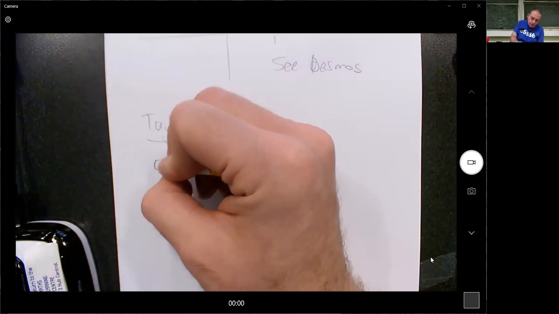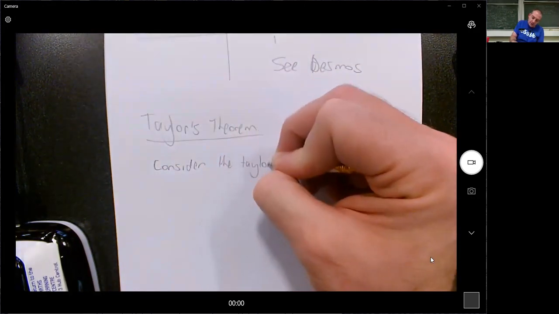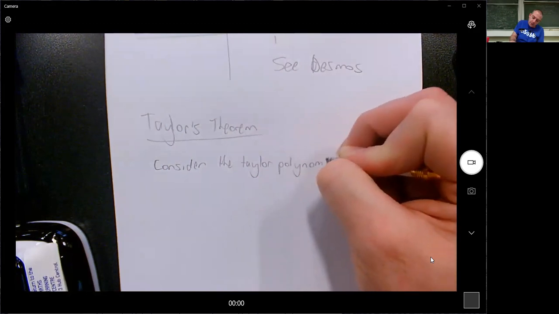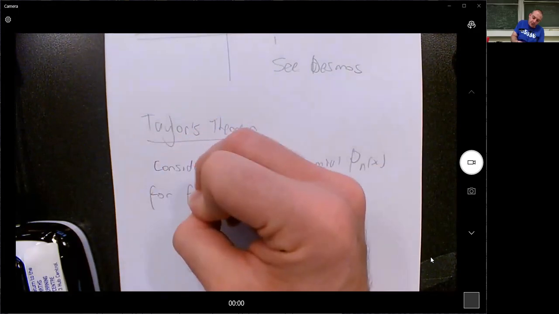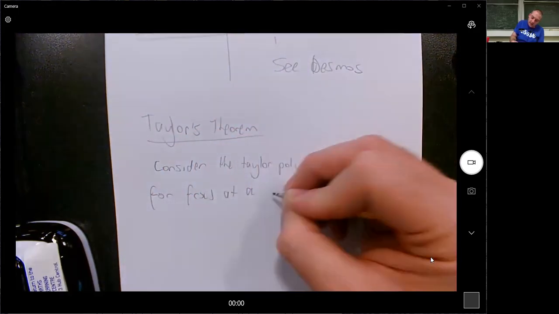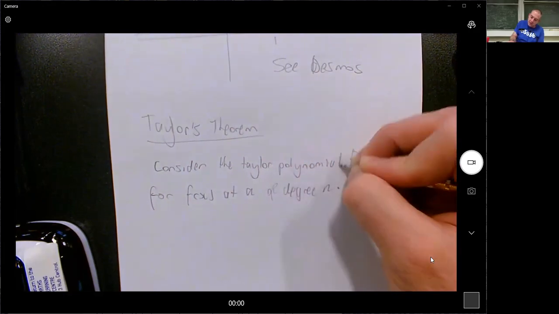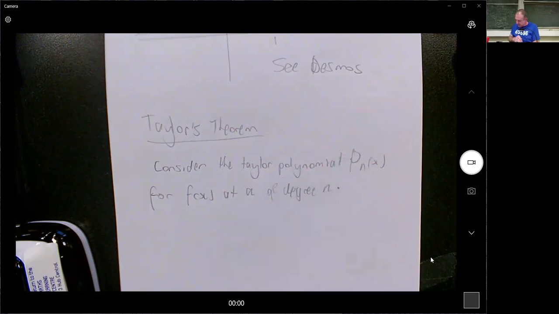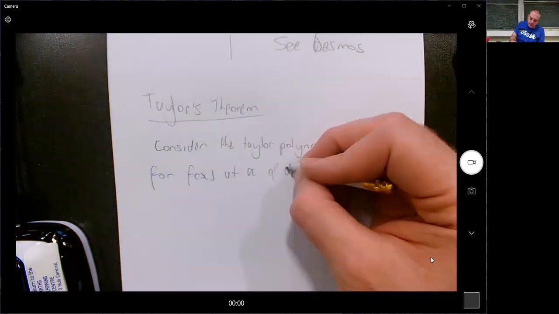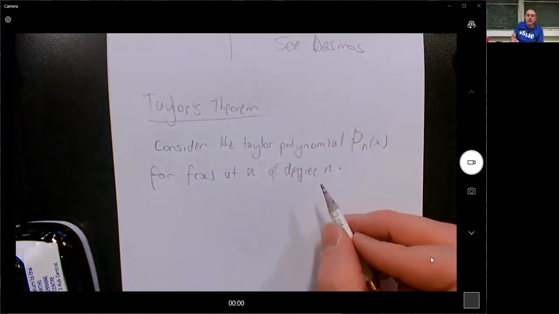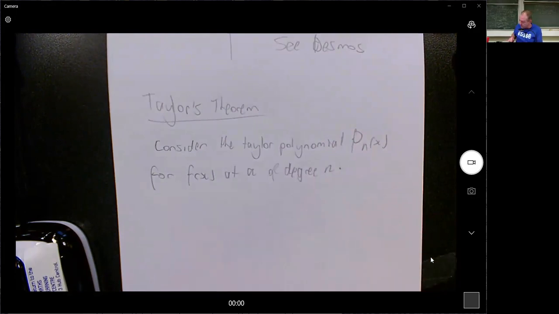So consider the Taylor polynomial Pn(x) for f of x at a of degree n, as we're going to think about that polynomial, okay? Sometimes they don't say of degree n, sometimes they say the nth Taylor polynomial. That's the other one as well, so just bear with that in mind.